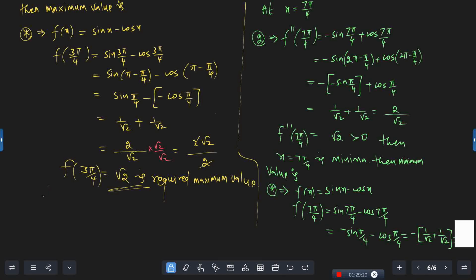If we simplify this, minus, listen carefully, 1 by root 2 and 1 by root 2 gives root 2. You can write directly here minus root 2. Therefore minus root 2 is the required minimum value.